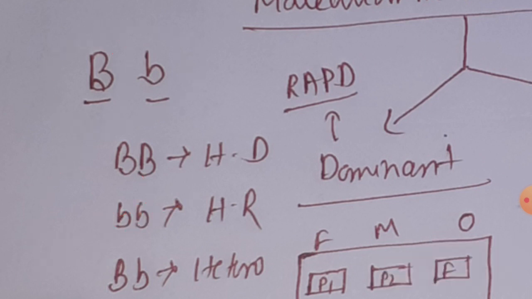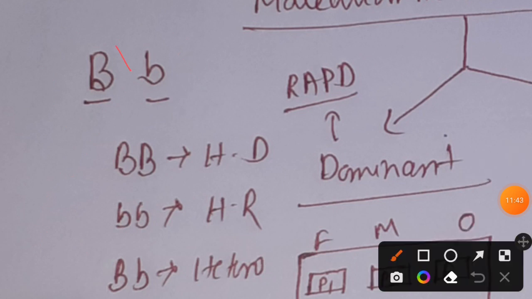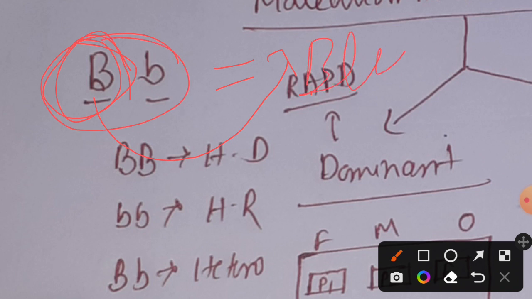It means whenever this allele is present in the gene, the phenotype will be the phenotype generated by that capital B. For example, let's say this capital B is for blue color. So the phenotype of that particular genotype, capital B small b, will be blue. I hope you can understand.